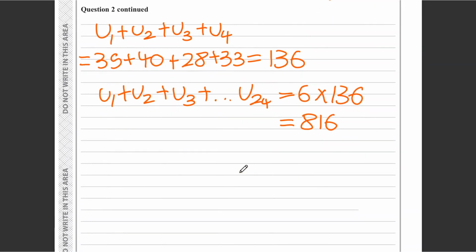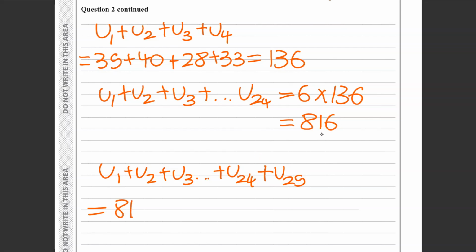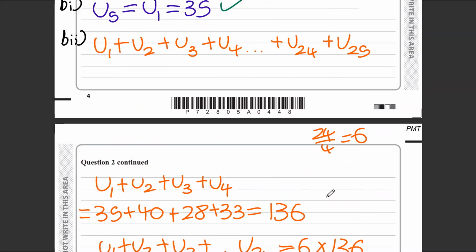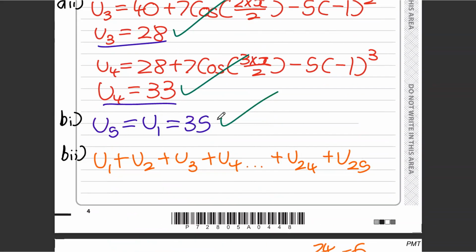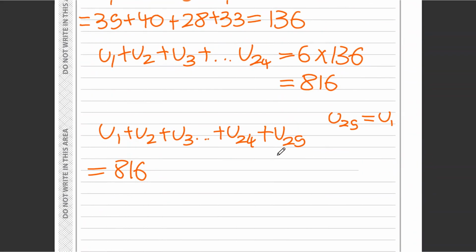So therefore, U1 plus U2 plus U3 and then so on plus U24 plus U25 is going to be, up to 24 we found it's 816, and then U25 is going to repeat itself, so U25 is going to be equal to U1, and U1 is 35, so U25 is going to be 35.